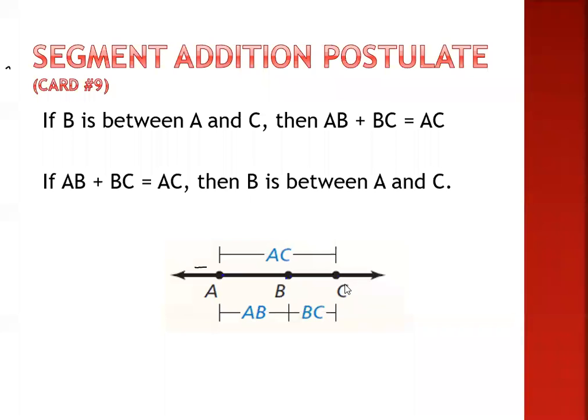No, it's just between. For this reason, we said that AC consists of, or has the same value as, AB plus BC. We didn't say that B divides it into 2 equal parts. Again, the point B is between A and C.